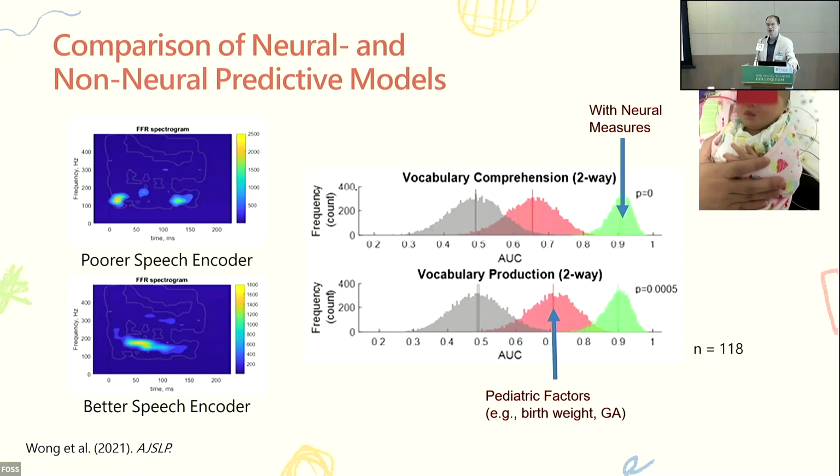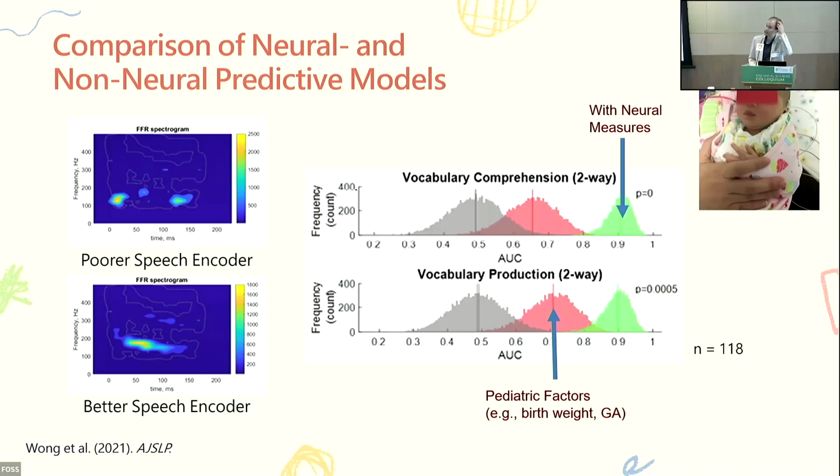Using binary classification machine learning models with pediatric factors like birth weight and gestational age, our AUC, which is a combination of sensitivity and specificity, is about 60-some to 70%. It's significant, but 70% is not very useful clinically. Once we add the EEG data, the neural measures, our AUC is in the low 90s. This is when we start to be clinically useful.